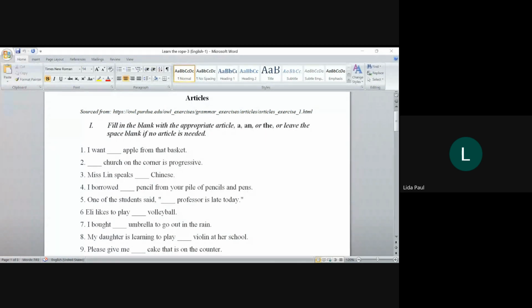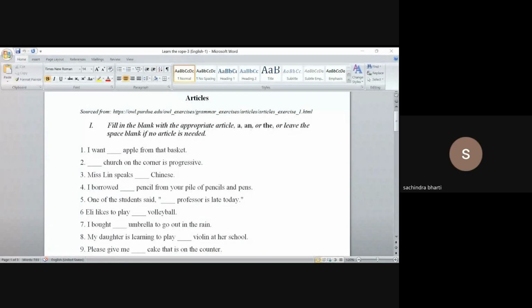But based on standard conventions of using them, the practice is to use the before names of the musical instruments, right? So, my daughter is learning to play the violin at her school, or my daughter is learning to play the guitar or the piano, right? Whatever the name is, you will have to add the definite article the before it. Okay.